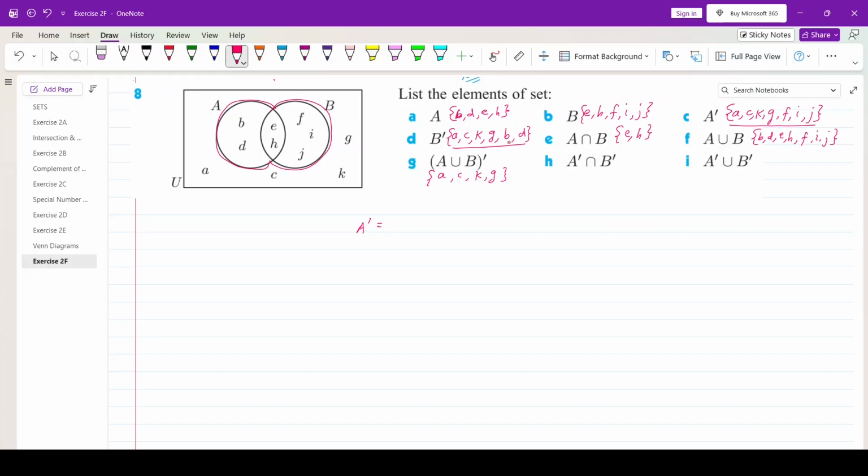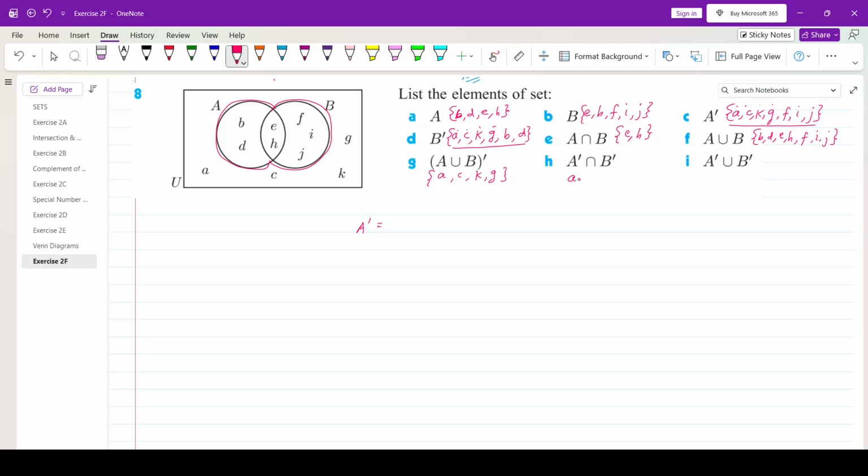Now the intersection of A complement and B complement will be A is common in both, C is common, K is common, G is common, F, I and J are not present.